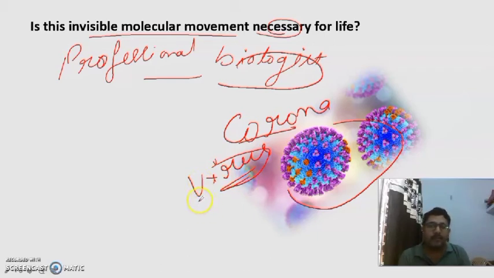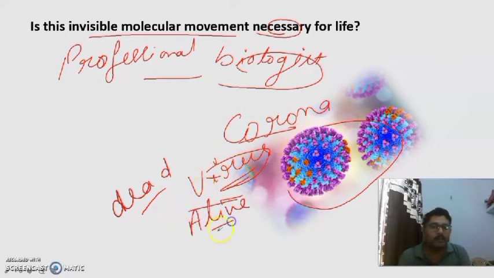Because when these viruses do not infect any host, they remain as a dead particle. But as and when these viruses infect the host, then they become alive. So for that reason, still these viruses are under controversy among the professional biologists.